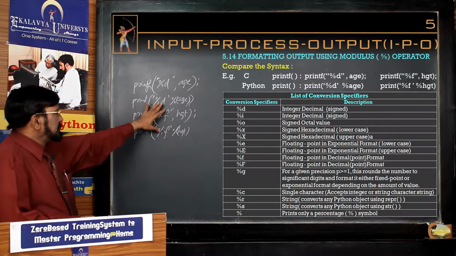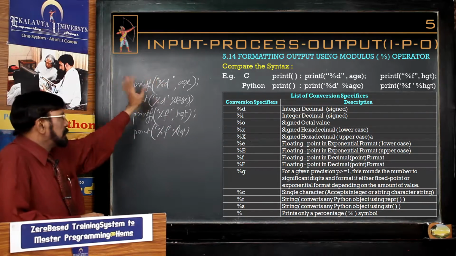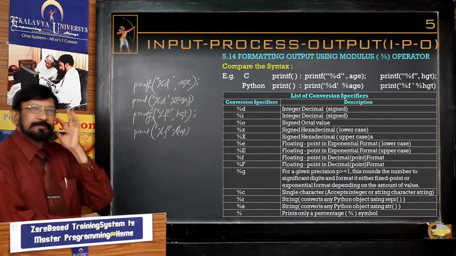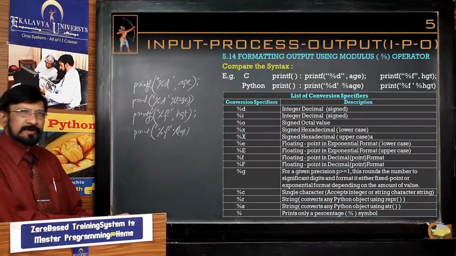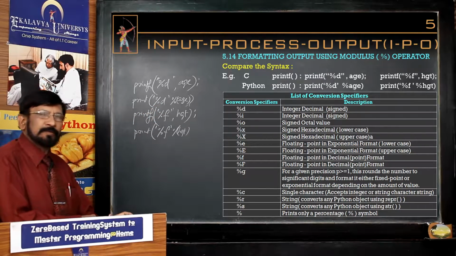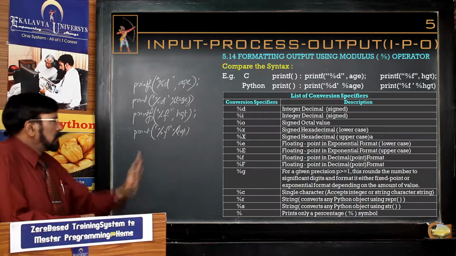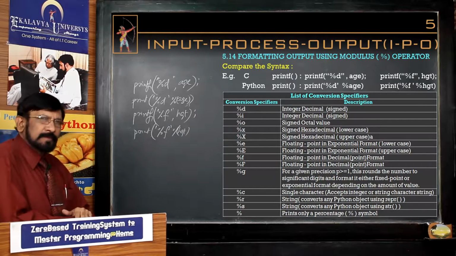See the similarity or closeness of the syntax. Whether you know printf or not, do not worry, and you must learn this. In this way, different conversion specifiers are provided for every type. I have given a list, and all these conversion specifiers will be used in the further programs.